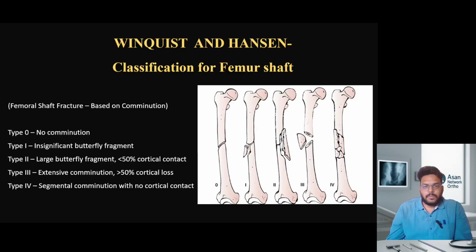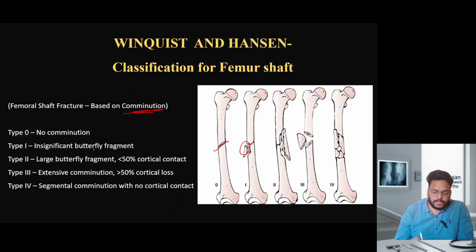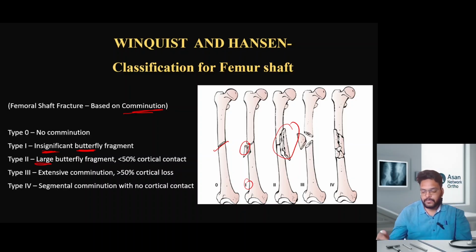And there is a named classification, that is Winquist and Hansen classification, which is most commonly used for the femur shaft. It is based on the comminution of the femur fracture. If there is no comminution, a simple fracture, it is type 0. Type 1 has an insignificant, small butterfly fragment. A large butterfly fragment is type 2.